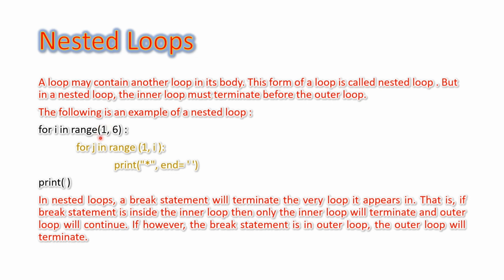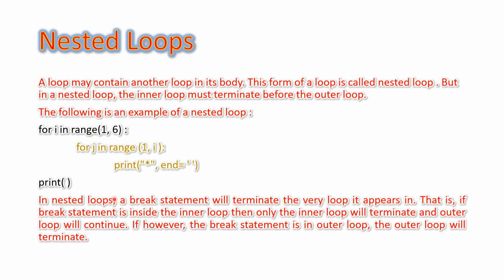You can see here it is starting from 1. It will be terminated up to i minus 1, where the value of i is taken from here. So one loop in another loop is known as a nested loop.